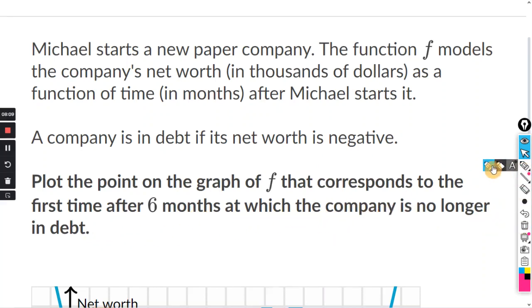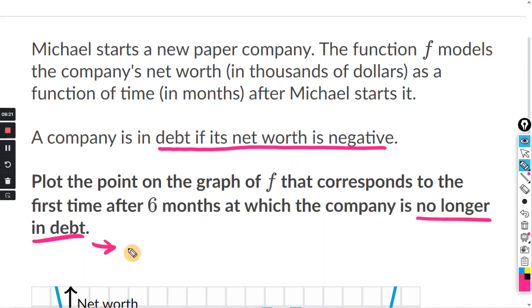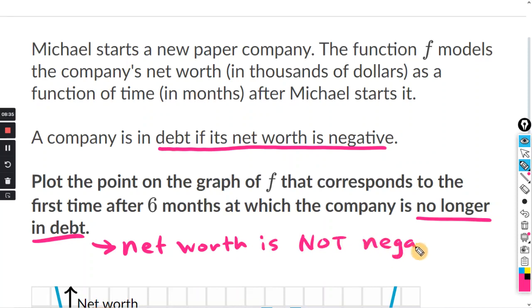Okay, so it says here the company is in debt if the net worth is negative. So if we want to be no longer in debt, in other words, the net worth is not negative. I hope that makes sense, because it says the company is in debt when the net worth is negative.